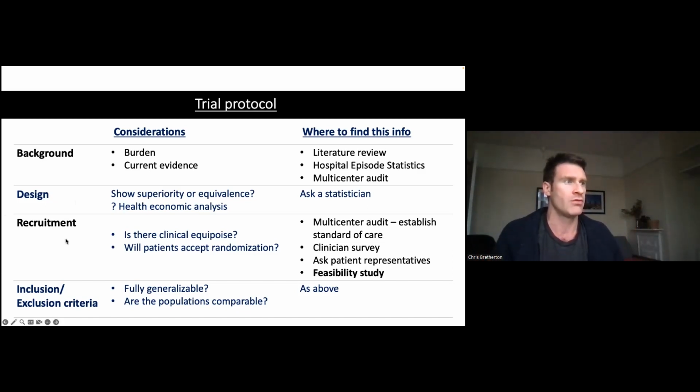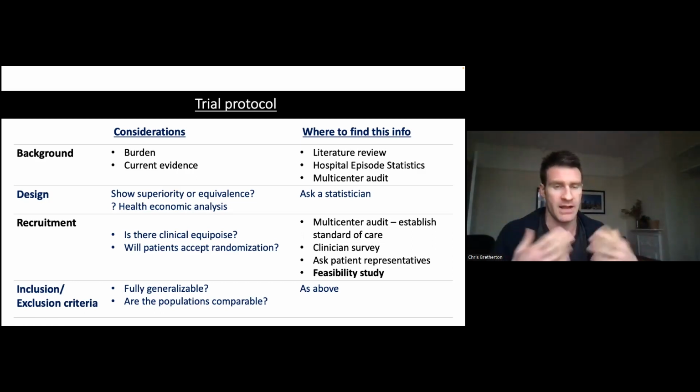And then recruitment, you've got to ask, is there clinical equipoise? Do individual surgeons, will they randomize to this, or are they so ingrained in their own treatment that they won't sway from that? And so it's worth doing a survey or even a little audit to see if there is truly clinical equipoise.